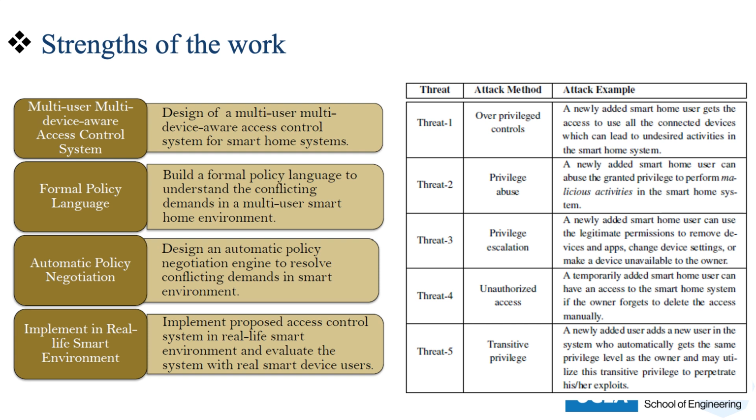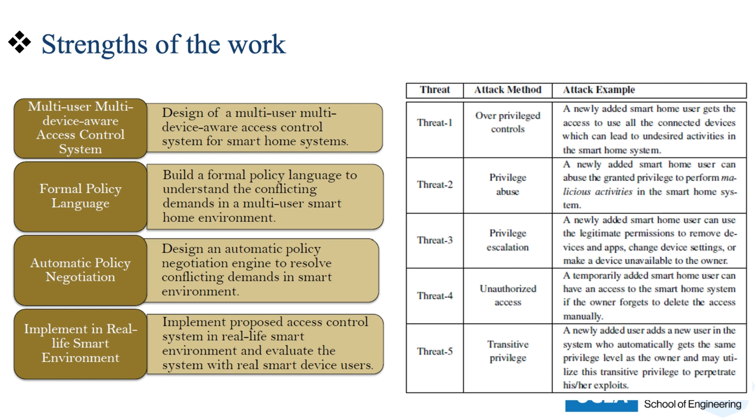Then there is privilege abuse: if they have access, can they delete the system or not? Then privilege escalation, unauthorized access. If after a certain time you don't want your guest to have access to your system, how is that defined? And then the transitive privilege: if you define a guest and that guest gives unauthorized access to another user, that's what you don't want to happen in your smart home system.